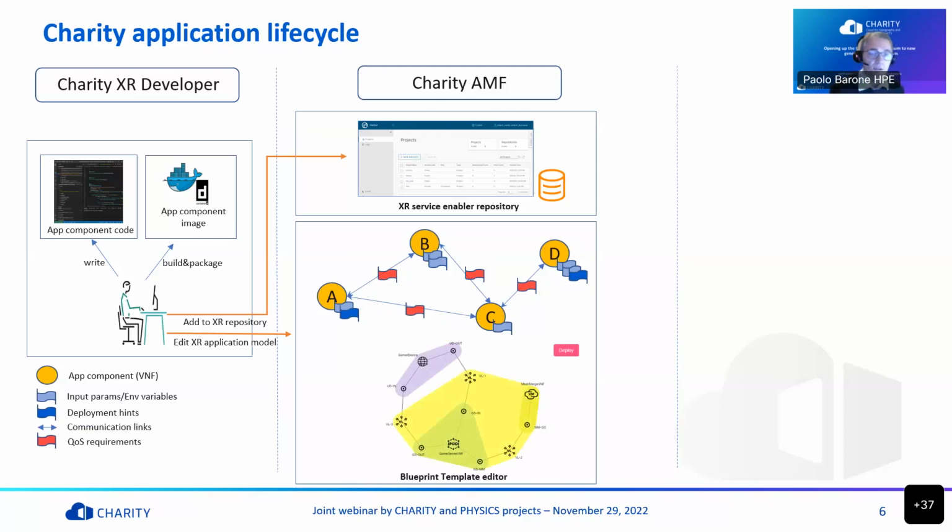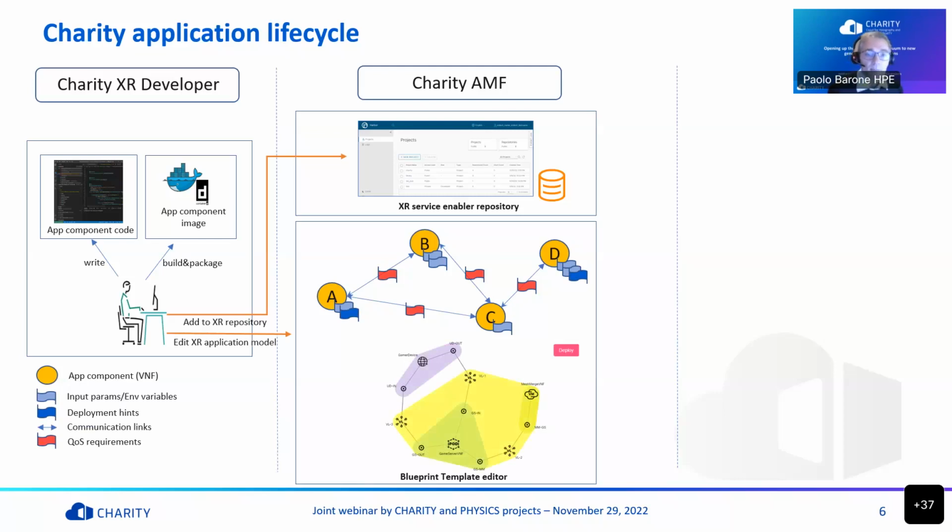Once he finishes defining all this information, the editor will also provide a visual representation of all these components, virtual links, connection points, and virtual network functions. And the model is ready to be deployed on an orchestration layer.